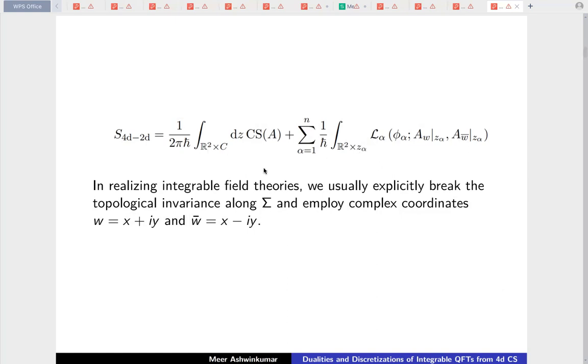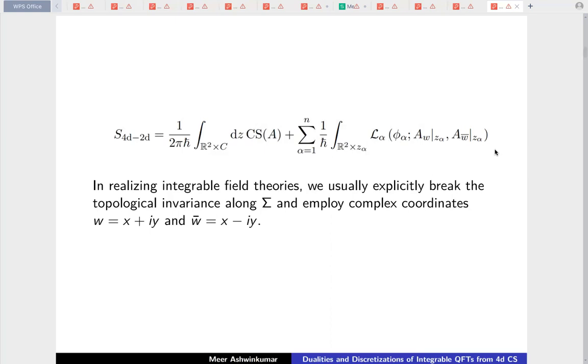Here I've taken sigma to be R2 for simplicity, but the point is that you have some Lagrangian degrees of freedom given by some fields phi alpha, and then there is also dependence on the gauge fields A_w and A_w bar in general, and it should be such that the entire 4D-2D coupled system is gauge invariant, right? And this can be done in a number of ways, as we shall see.